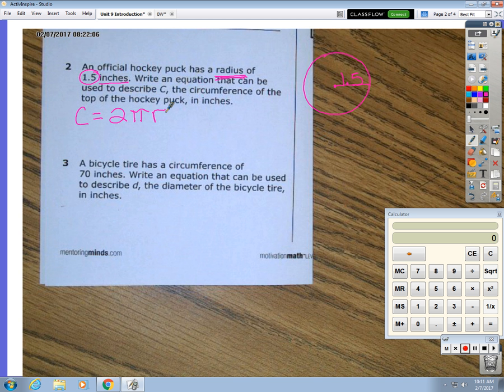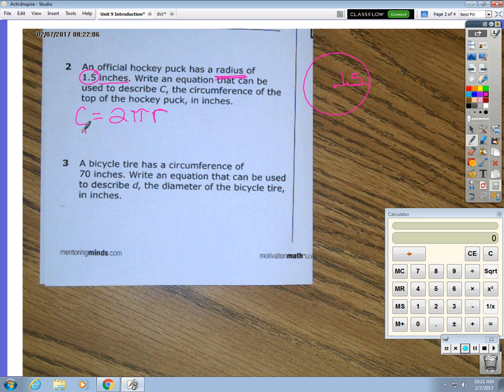Okay, so to find the circumference of a circle when you are given the radius, you're going to use this formula. In this formula, what does this r represent? Radius. Okay? So an equation, this is the formula.